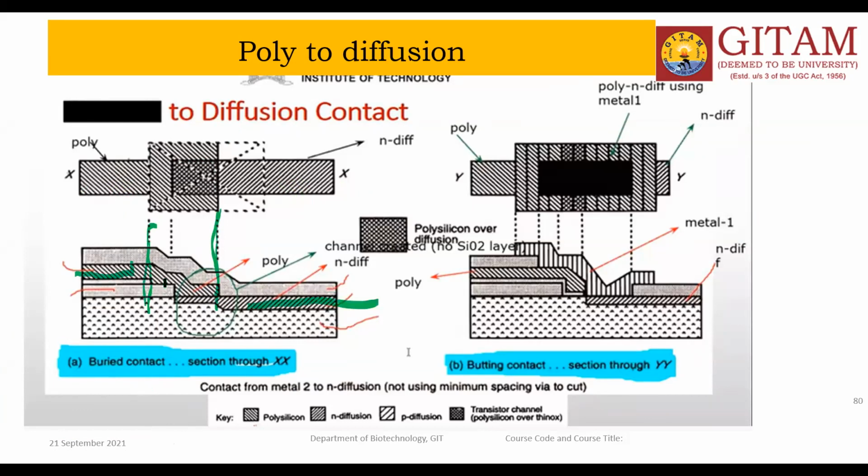These two can be joined with the buried contact like this. If you do this in the top view, in the cross-sectional view you get this. The connection is made exactly here, between the poly and the n-diffusion. This one is the butting contact.